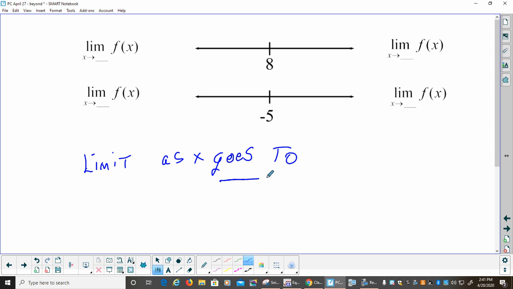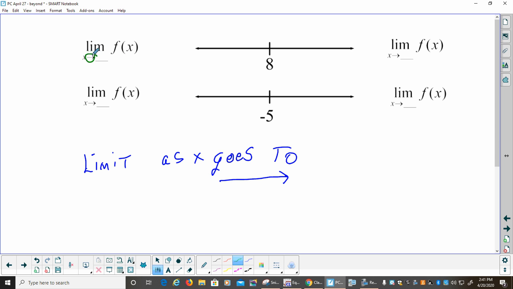This is what this arrow means. That arrow right here, in red, means goes to. You don't say the limit as x arrow and then something else. No. It's the limit as x goes to. Those are the words that come out of your mouth when you see that arrow.